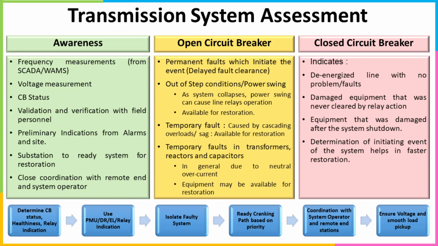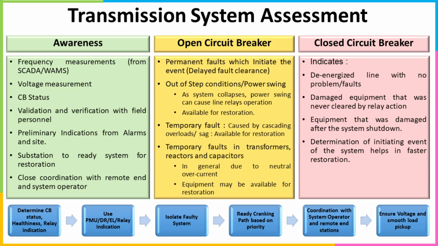Because in a system level event, there can be a fault also, there can be a no-fault scenario also, like power swing, which can be depicted as a fault. If you see the apparent impedance seen by the relay, it will be Z equal to V by I. Let us say there is a power swing, there is a voltage collapse, then V will immediately become quite low. Under that scenario, there is a high current flow.